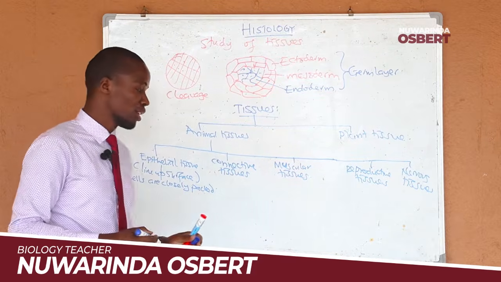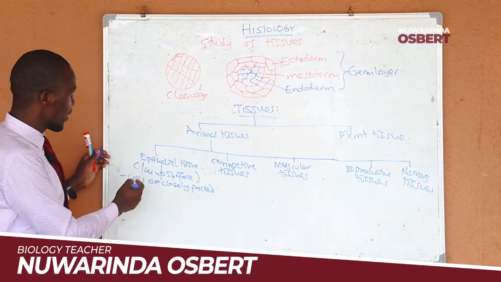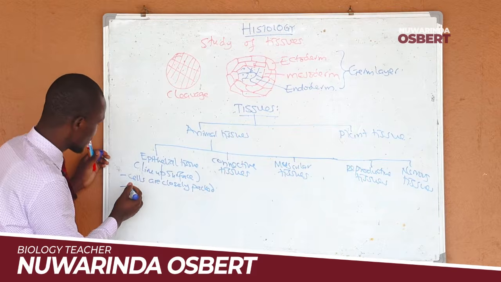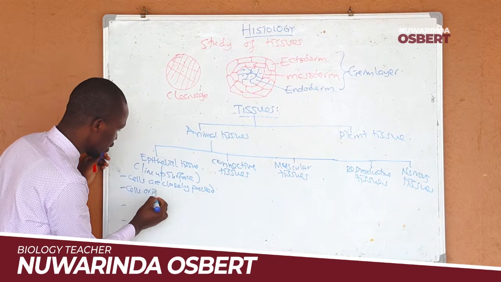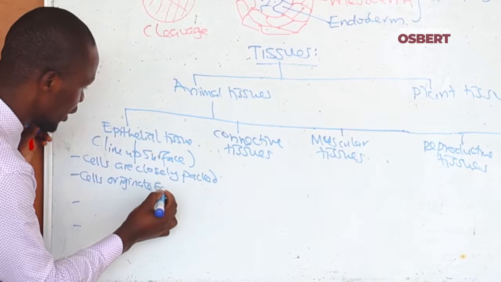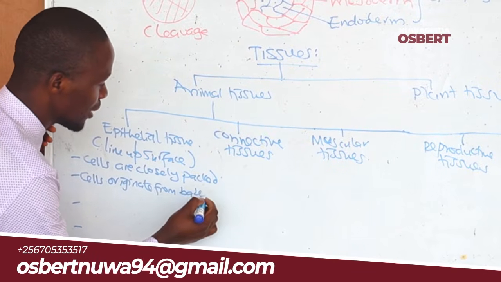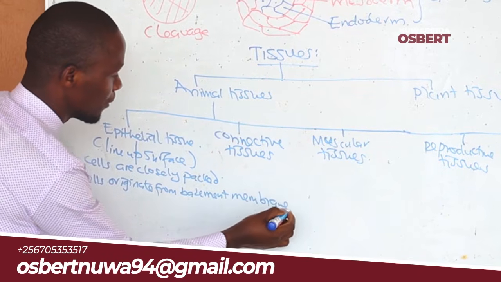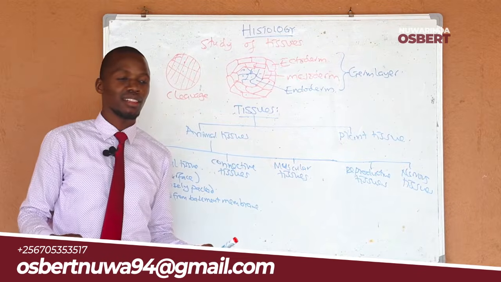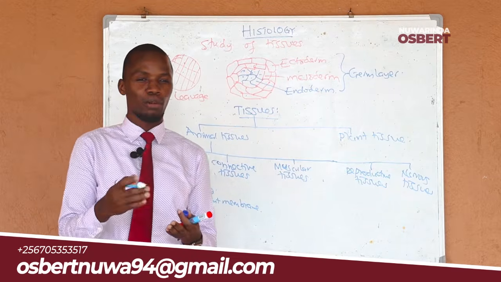Number two is that the cells within these epithelial tissues originate from a basement membrane. What do we mean by a basement membrane? The basement membrane is that area where all other cells keep on coming from.